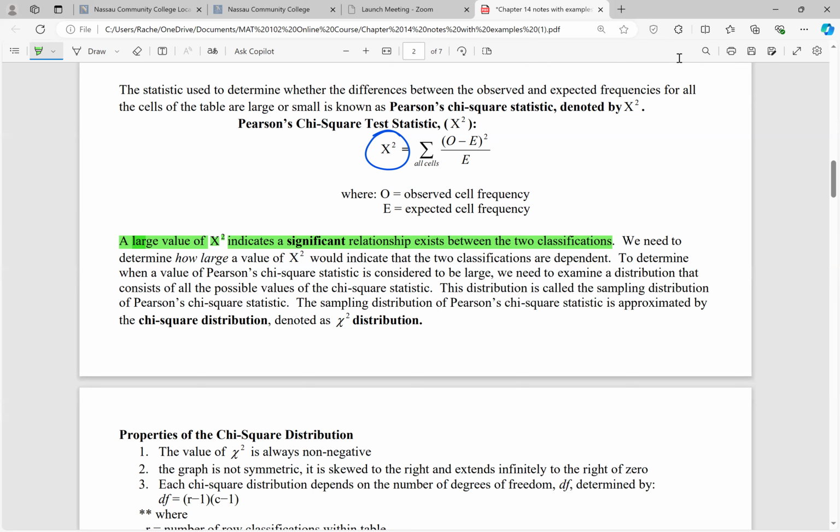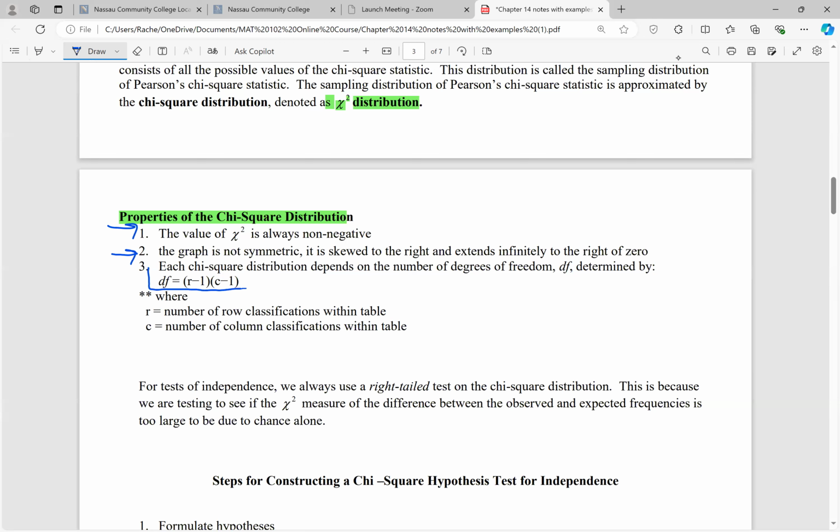Similar to the t-distribution, it has its own degrees of freedom, or df. Those degrees of freedom are calculated by taking the number of rows minus 1 times the number of columns minus 1.